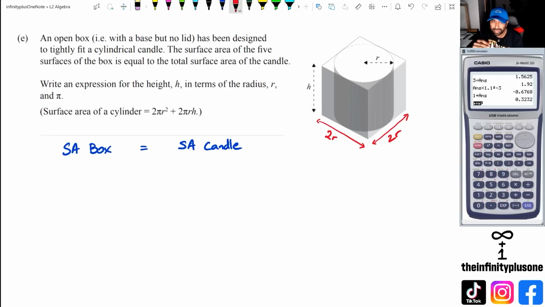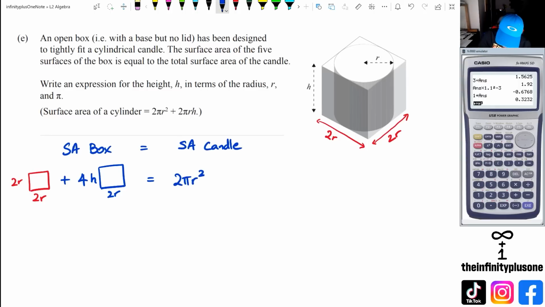So the base of the box is going to be a square, 2r by 2r. Plus we've got 4 sides, and for the sides we have h as the height and 2r, so 4 lots of that, equals the surface area of the candle, which happens to be 2 pi r squared plus 2 pi rh.